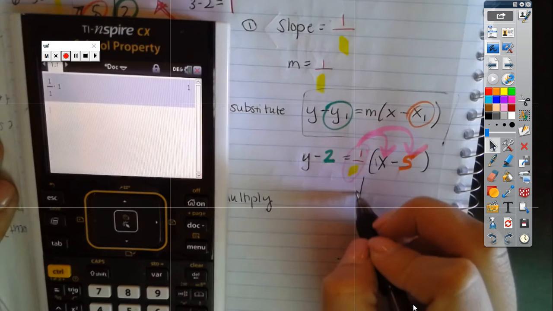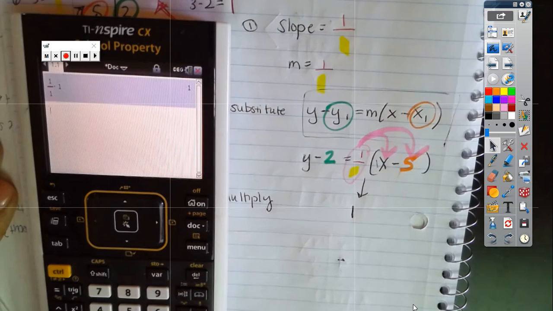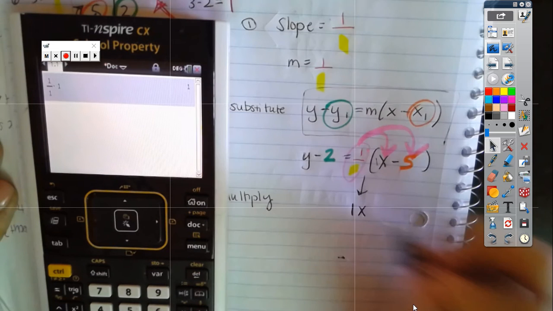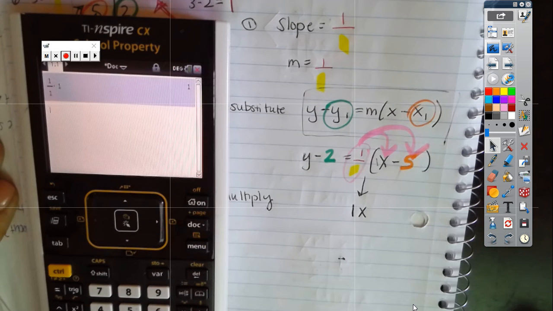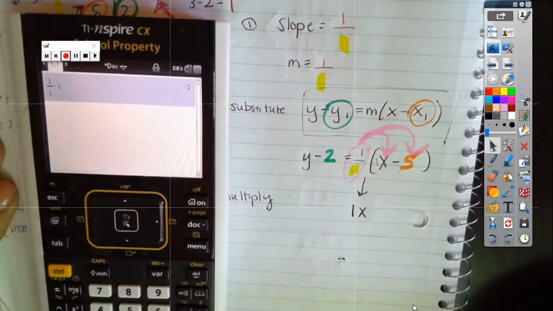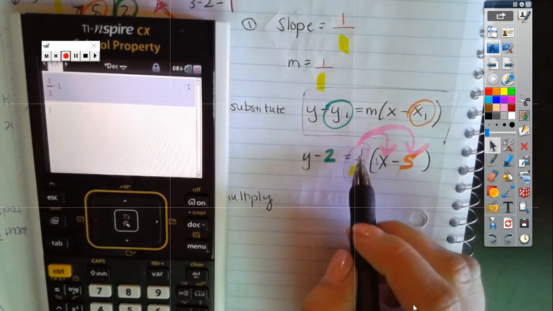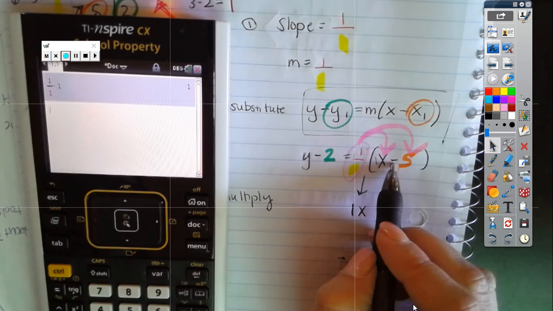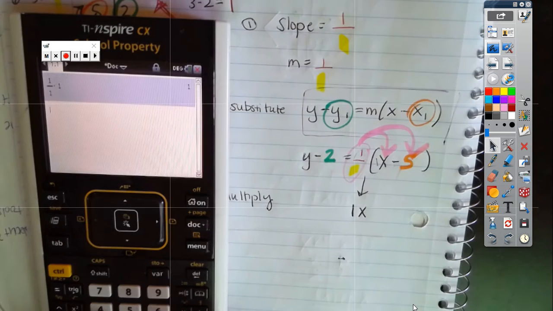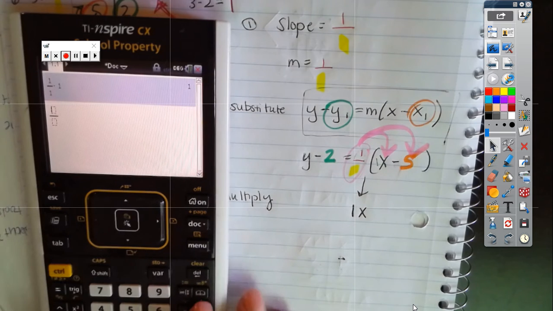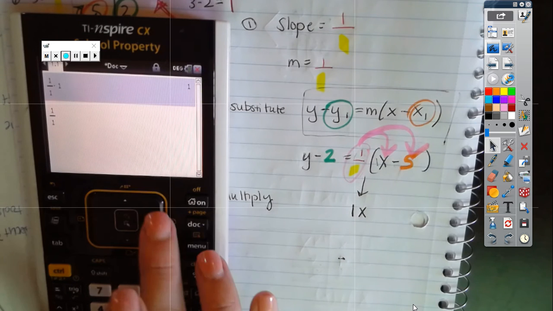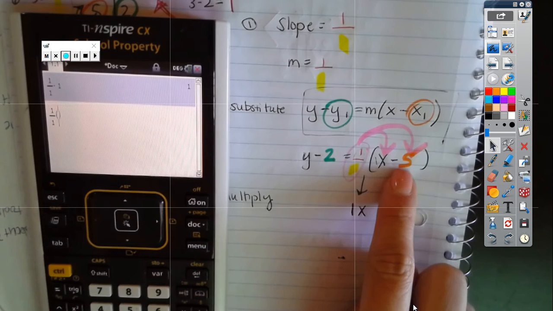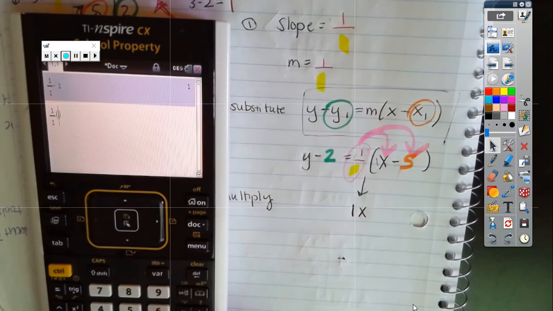So from here, I got 1. Now, it has this x. Because it has this x, you also have to have an x, because you're multiplying 1 over 1 times 1, 1x. Don't forget it. Then I'm going to multiply 1 over 1 times this negative 5. So in the calculator, I press control divide 1 over 1, parentheses, negative 5.